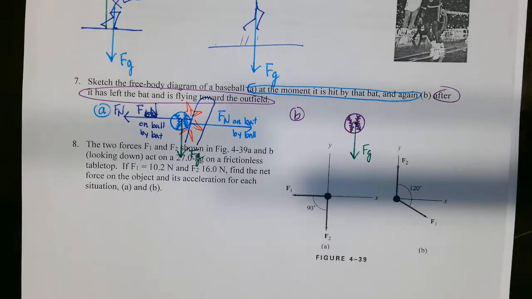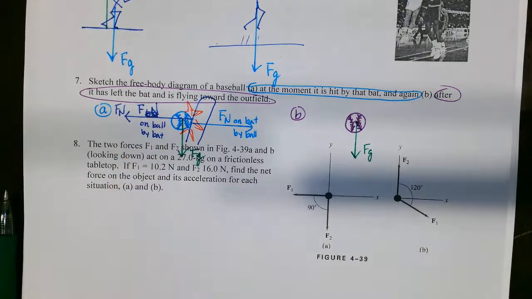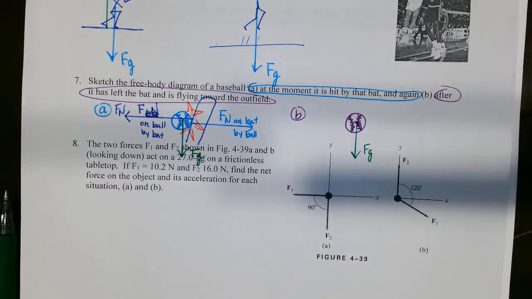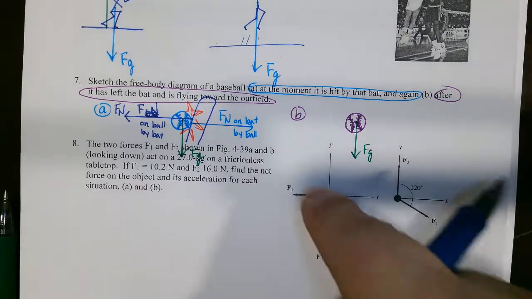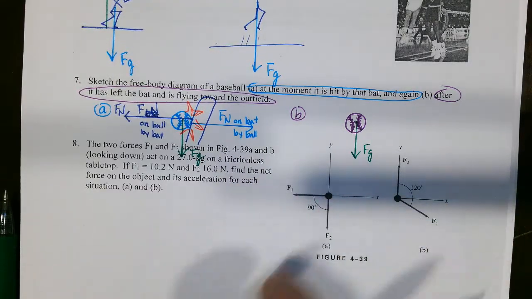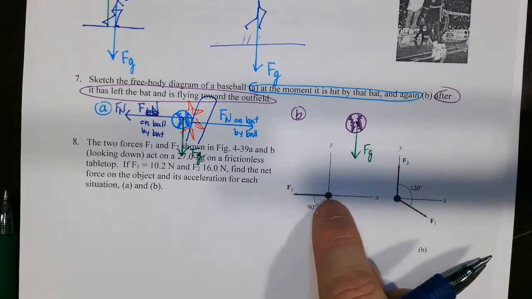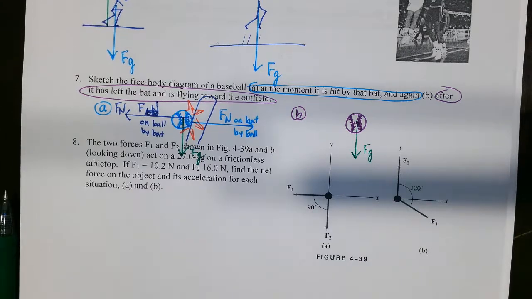Number 8. Two forces, F1 and F2, shown here in figure 4-39A and B. This is like looking downwards, a bird's eye view. They act on a 27 kilogram object on a frictionless tabletop.